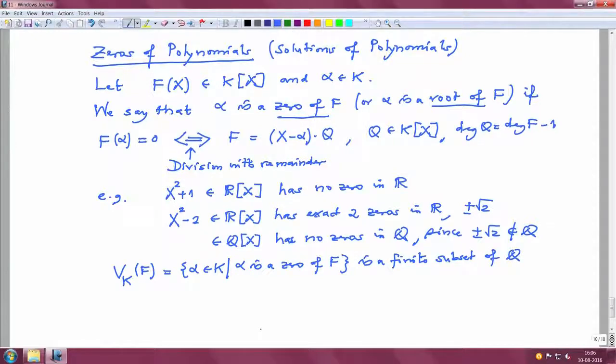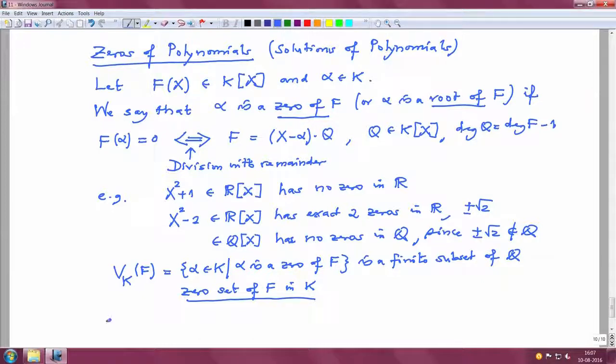It could be empty also. This is called the 0 set of f in k. For example, in this case, if you take this over rational numbers, it is an empty set. If you take it over real numbers it is plus minus root 2, and so on.